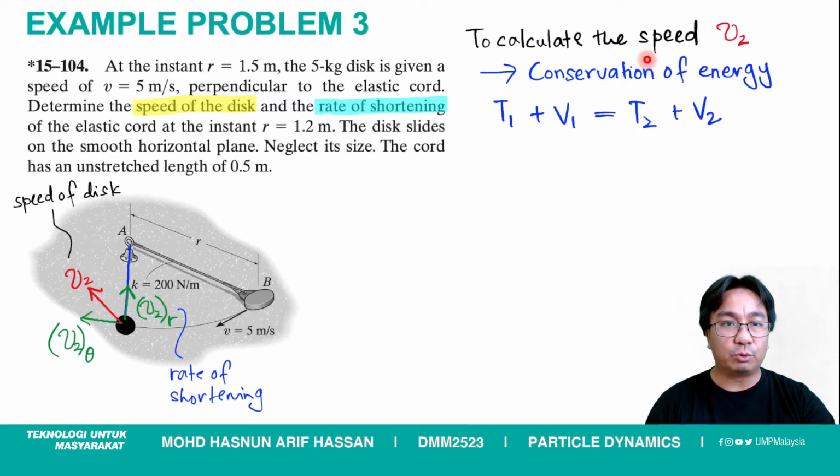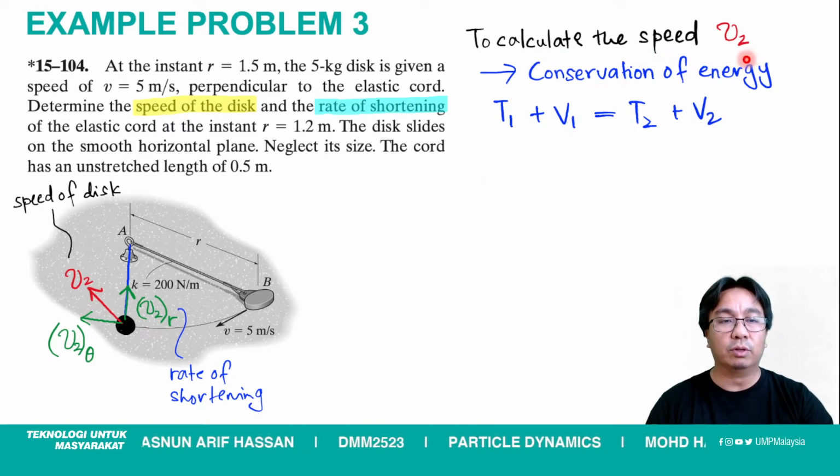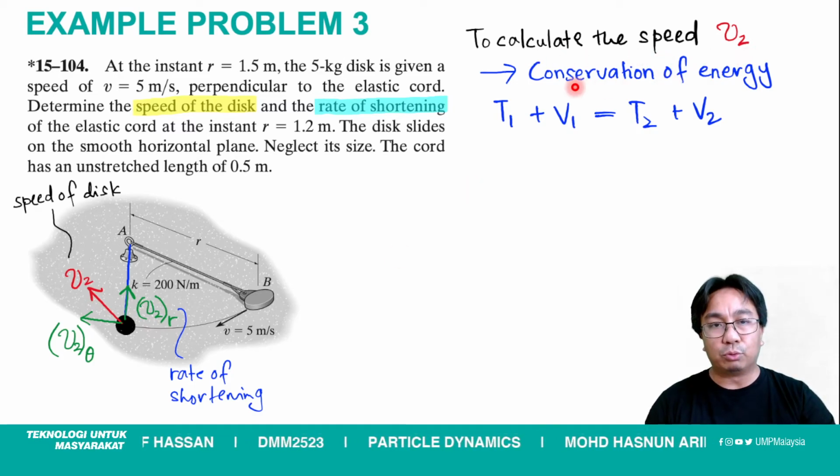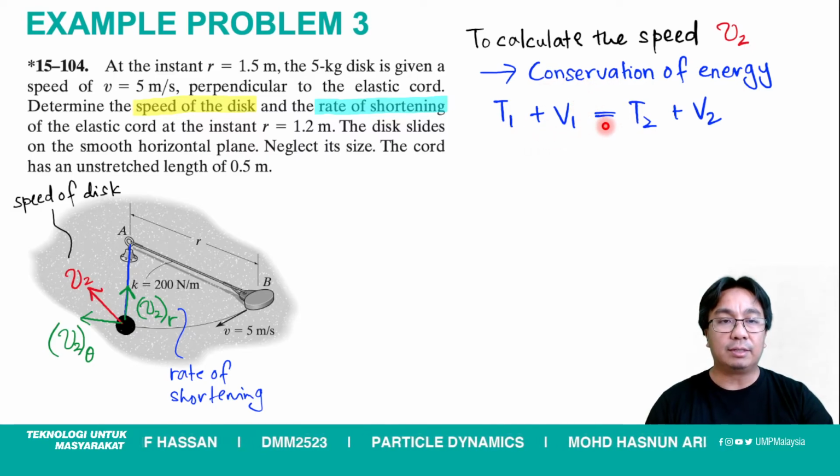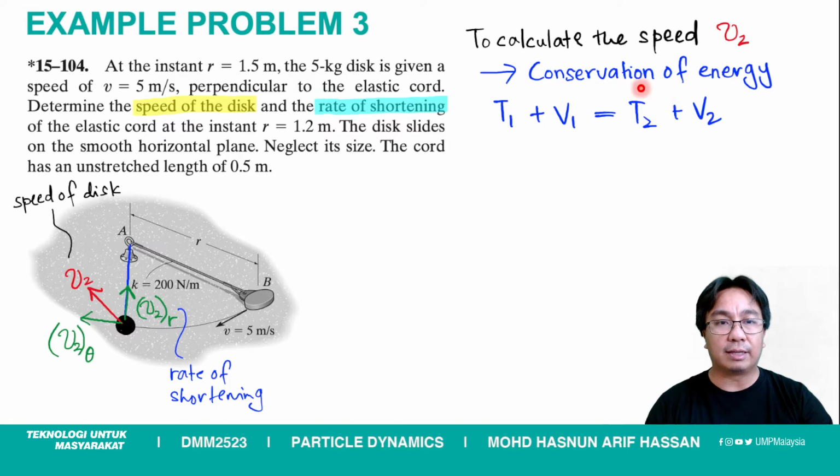First, to calculate the speed V2, we go back to chapter 3 and apply the conservation of energy. It states that the initial kinetic energy plus the initial potential energy is equal to the final kinetic energy plus the final potential energy.